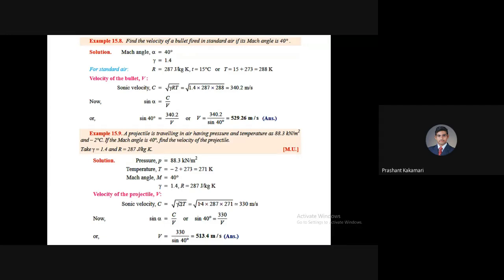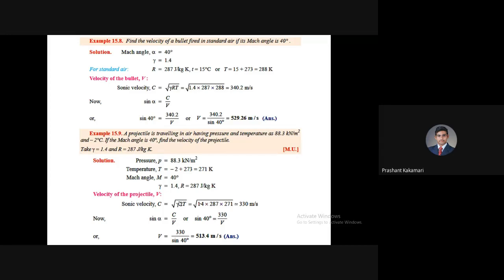So directly you can find the velocity. The velocity of the bullet comes around 529.26 meter per second. By comparing the velocity of sound and the velocity of the bullet, one can tell whether the bullet is moving faster than the speed of disturbance or not. 529 is more than 340, so it is in supersonic flow. That's why it is forming a Mach angle.